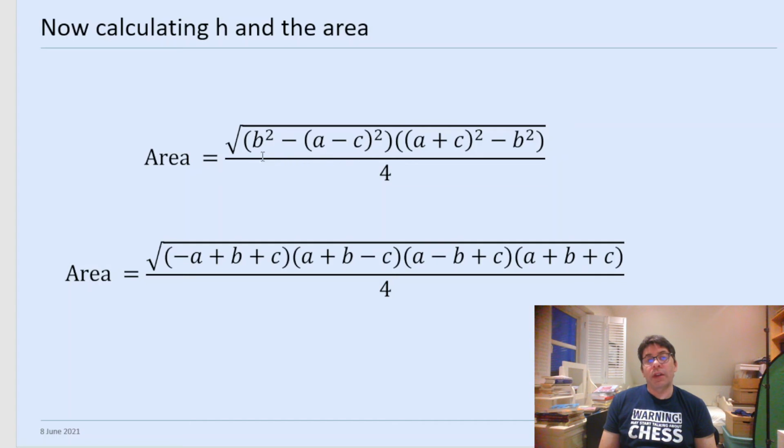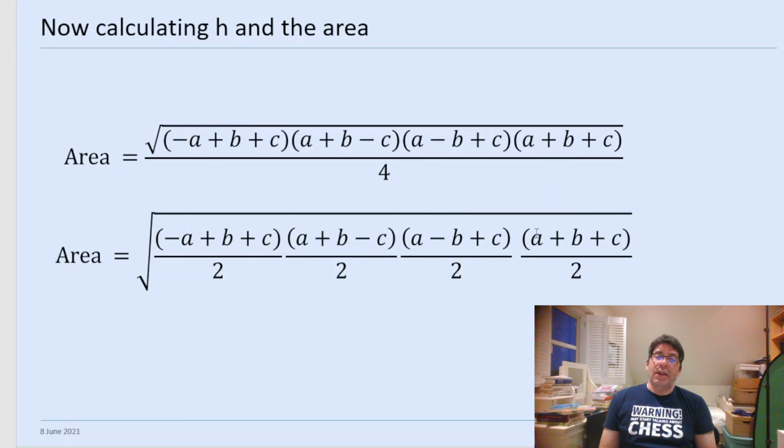So if we've got x minus y, we've got b minus a minus minus c, which is plus c. And then when we've got x plus y, we've got b plus a minus c. Here, a plus c is playing the role of x and b is playing the role of y. So we've got a plus c minus b and a plus c plus b.